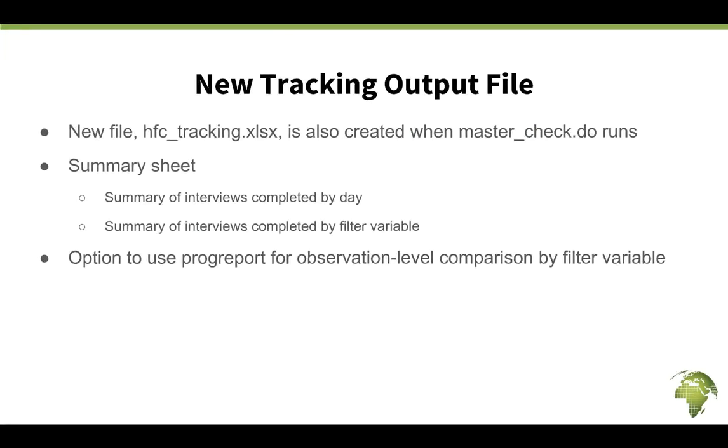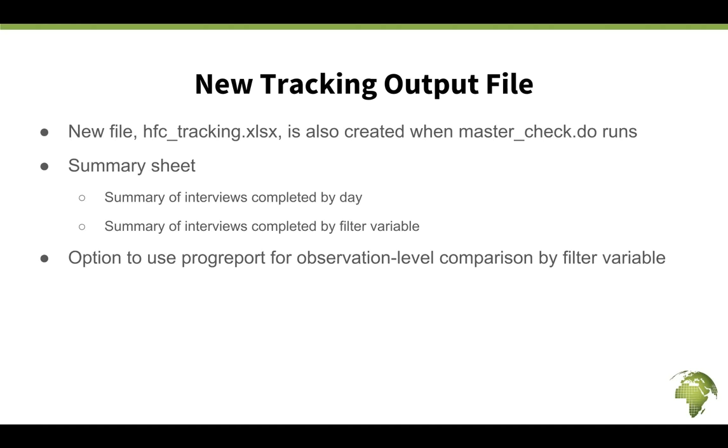And then for the new tracking output file, this, like I said, is meant to split off the two purposes that had been served before by the one output file. So we have the tracking outputs, and then the regular one, which is just the logical errors outputs.